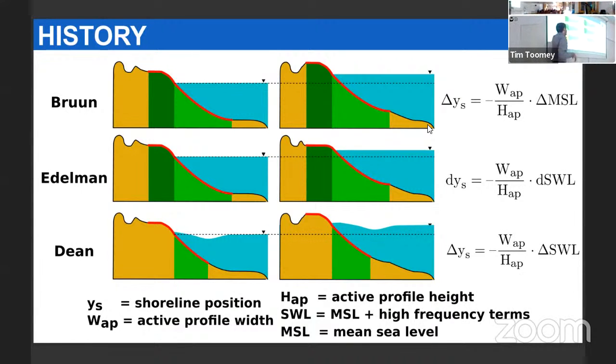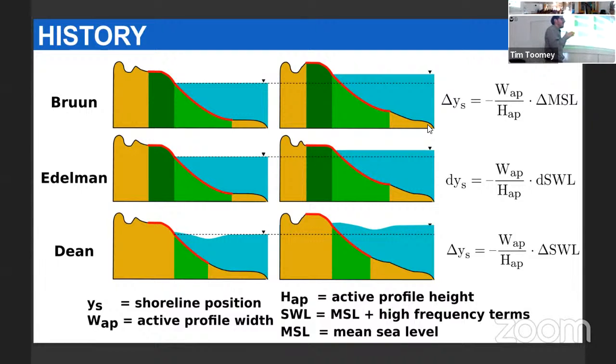But again, all three models, and in general these models, are approximate. They depend on a prescribed shape for the depth, or small sea level changes compared to the height of the profile. So they have a series of assumptions that make this application a bit tricky.